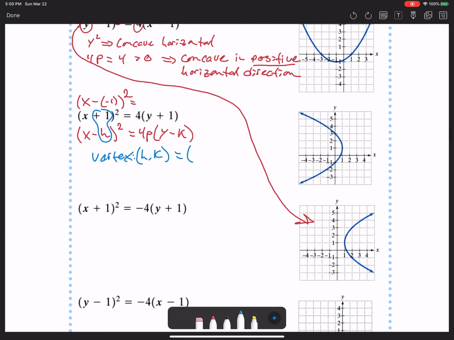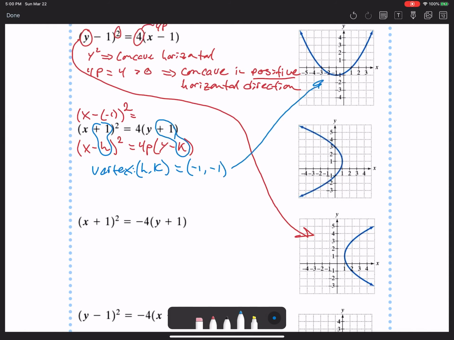So it turns out that we're going to need to look at concavity also. So let's talk concavity. This second equation that we're looking at here leads with an x squared. So x squared tells me that it's concave in the vertical direction.